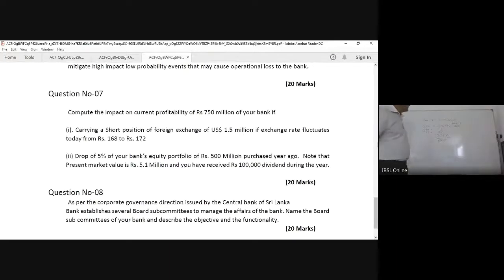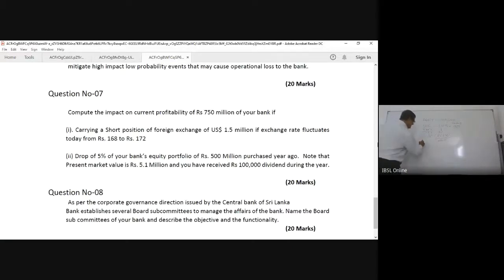But in the meantime, they say you have made a profit of, so this is a loss. So you have to minus 100,000 is 0.1. The actual loss is 15.4.